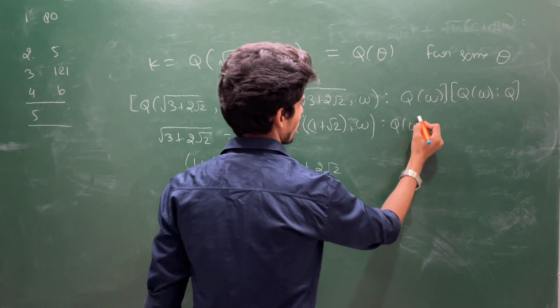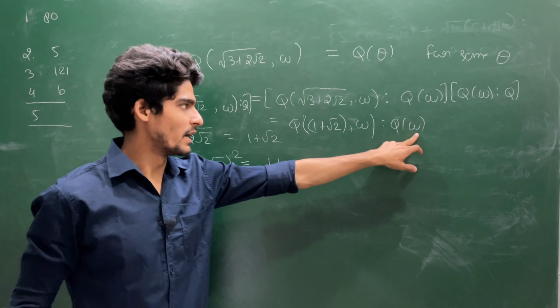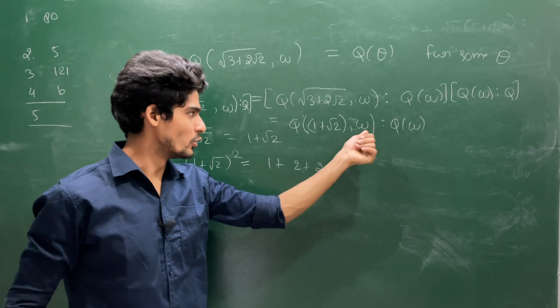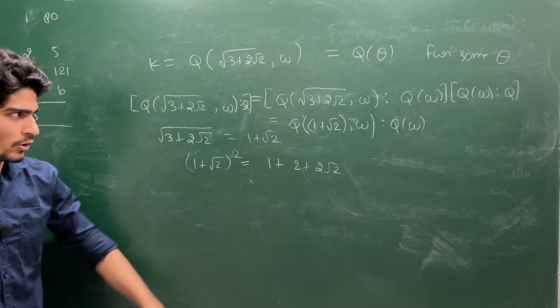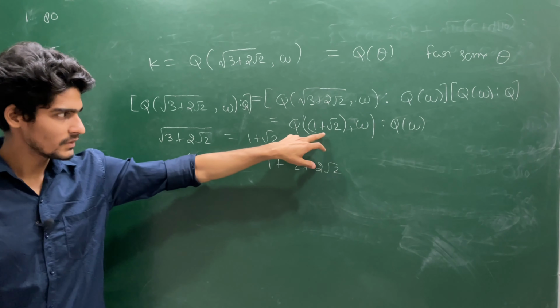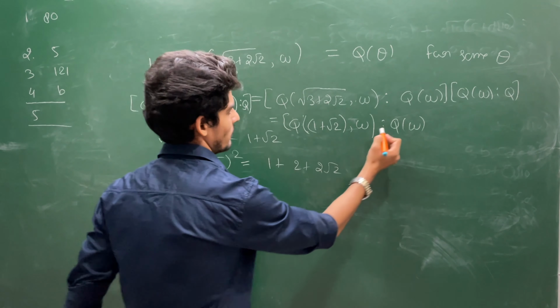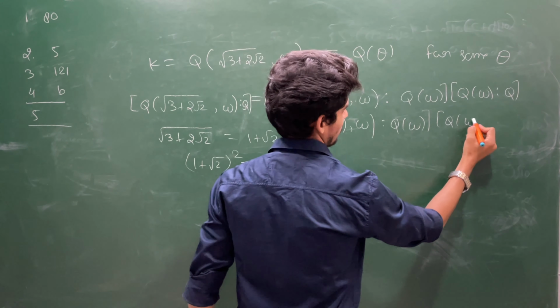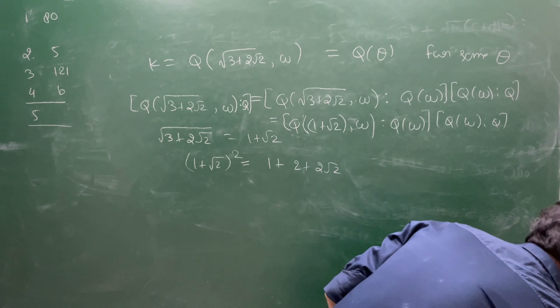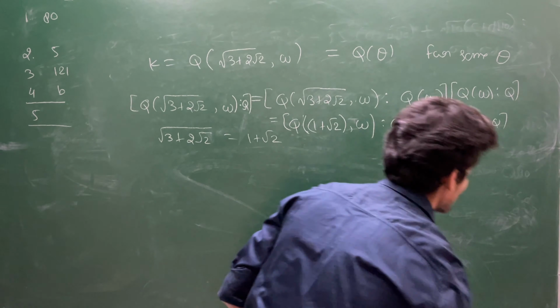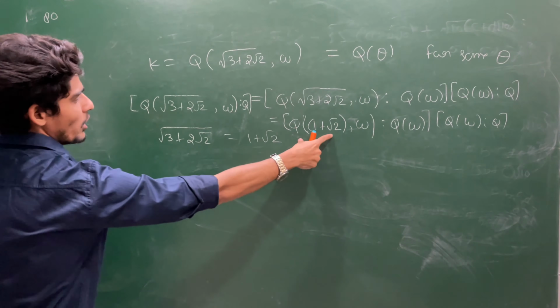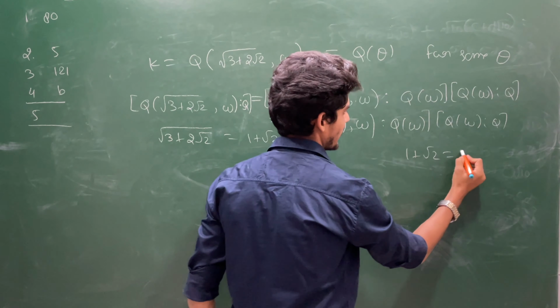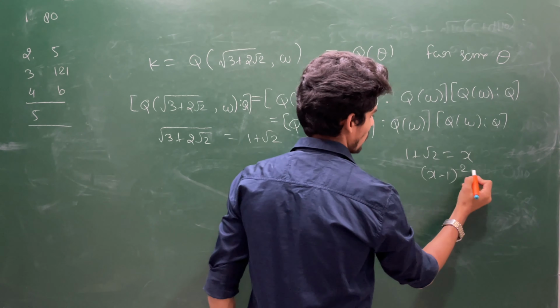Over Q(omega). So this Q(omega) is already present, so you do not need to find this omega. If you find the minimal polynomial for this and its degree, then you have found the degree of this extension. The degree of the minimal polynomial will be 2 here, because for 1 plus root 2 you can write x, then x minus 1 whole squared is equal to 2.